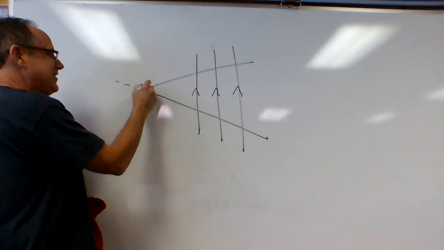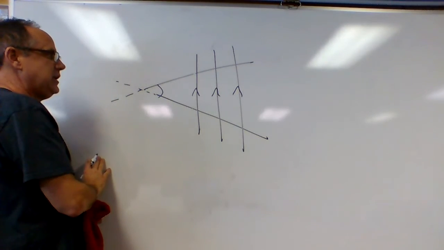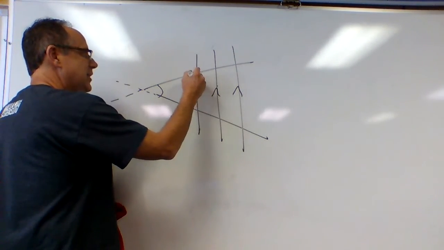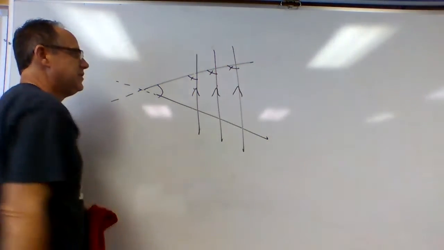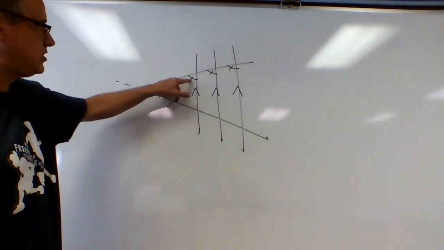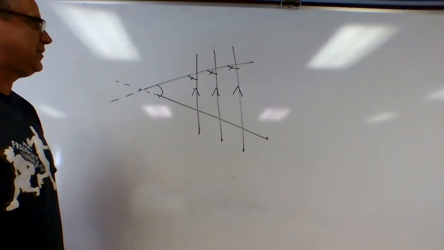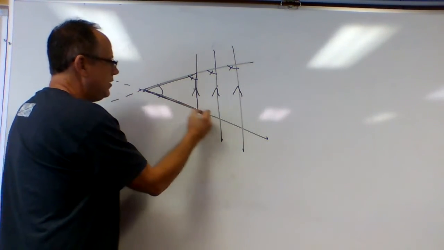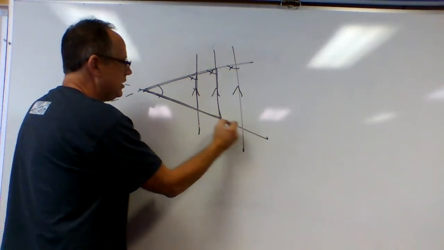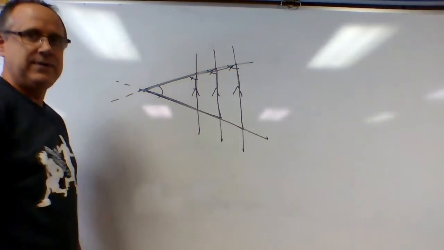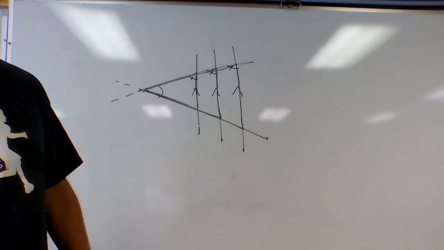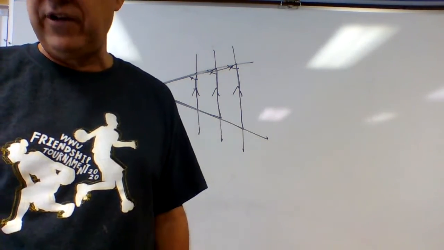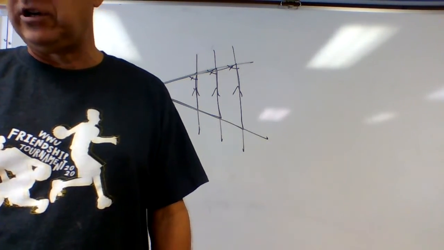As we extend these out, this is going to be a common angle with all of them. Because these are parallel, that's going to be congruent to those. So those are all corresponding angles, which shows me that this triangle, the medium-sized triangle, and the large triangle are all going to be similar based on two of those angles. So if three or more parallel lines intersect two transversals, then they cut off the transversals proportionately.